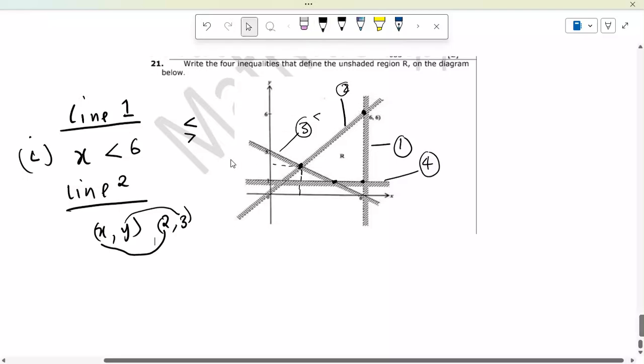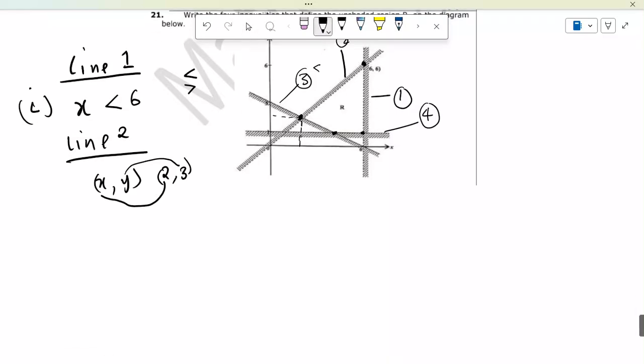For this point here, this one is given already, 6, comma 6. But for this one, in other questions they will provide it, but you can easily look it up. So here is 2, comma 2, meaning x is 2, y is 2.